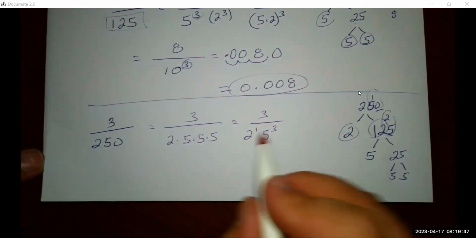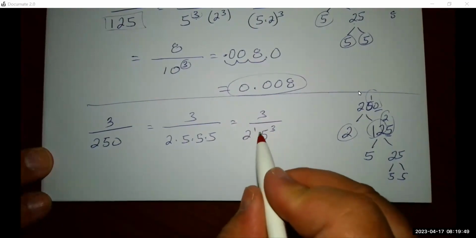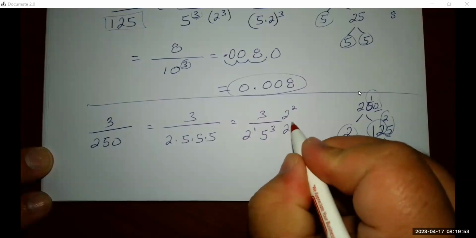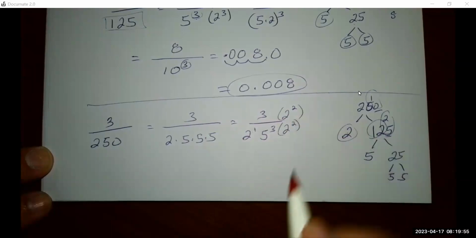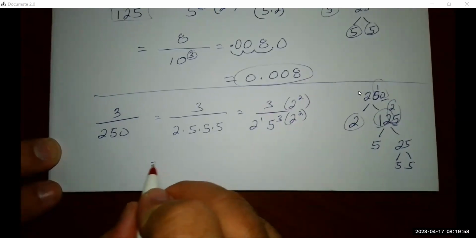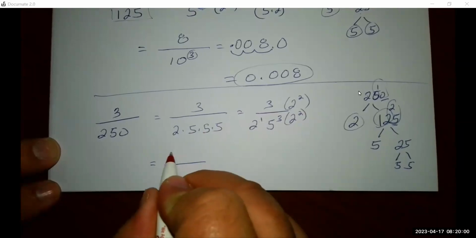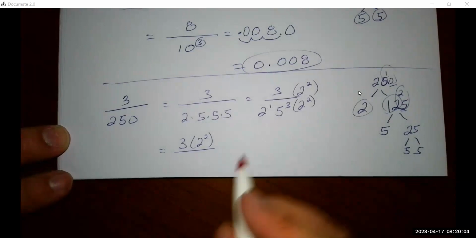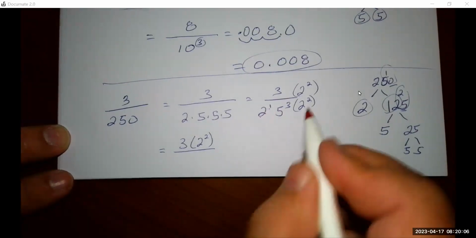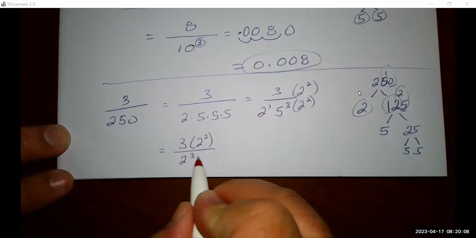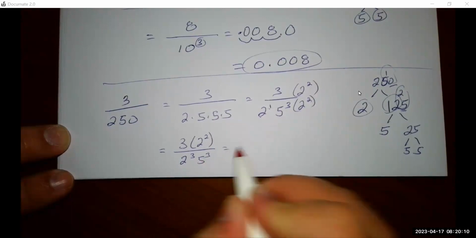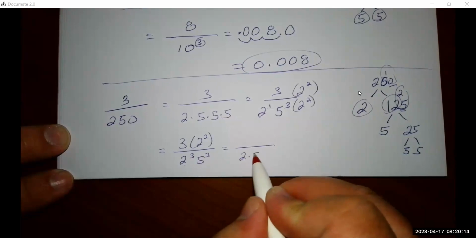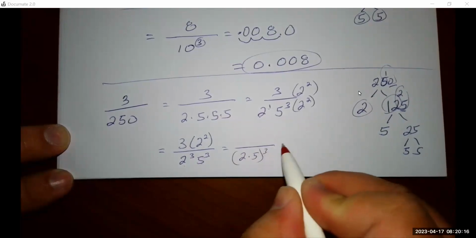We have 2 times 5, that's good. But we have different exponents. They have to have the same. So we're missing 2 more 2s. So we have to multiply top and bottom by 2 more 2s. So we have 1 2 here and 2. So we have 3 2s. And we have 3 5s. 2 times 5. They both have a 3 exponent.